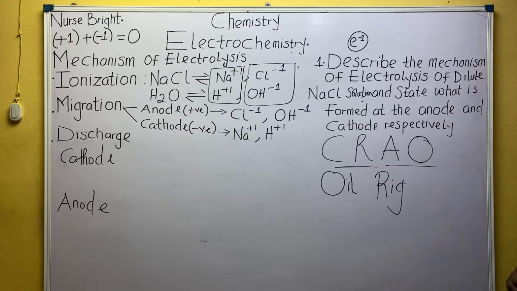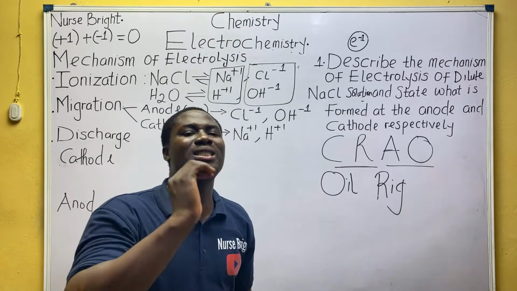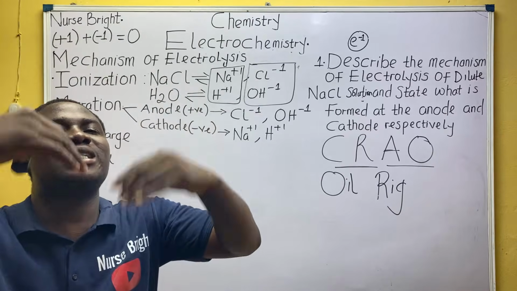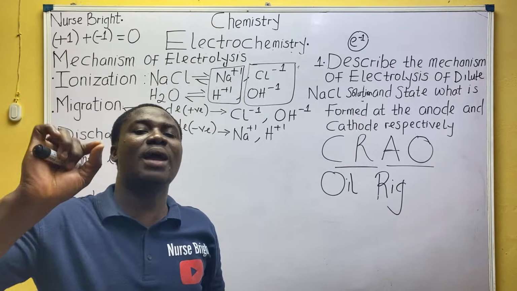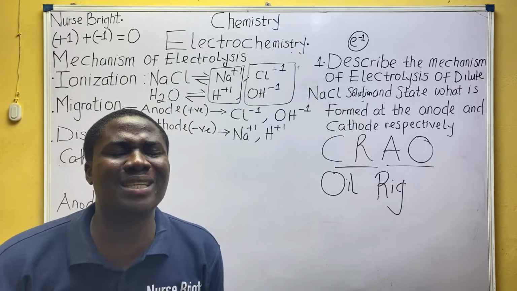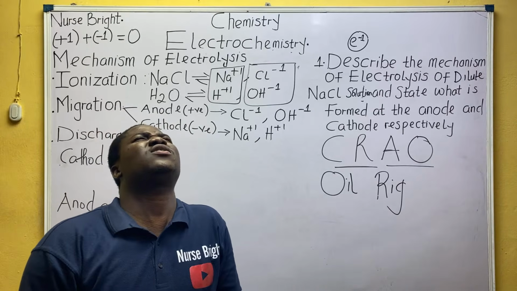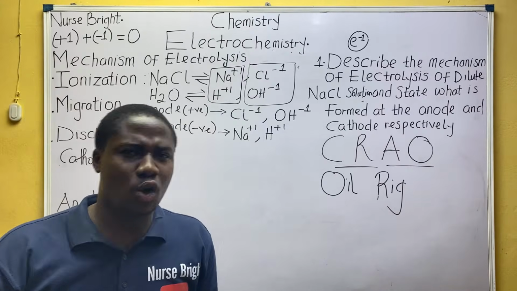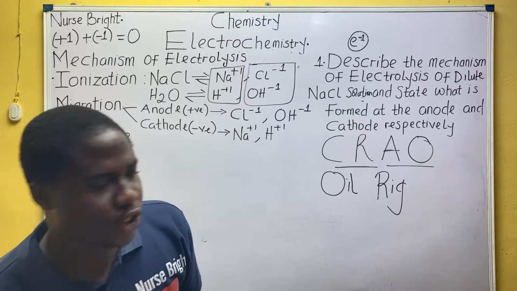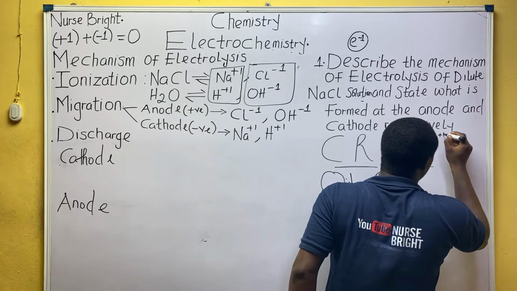Guys, I beg you, listen and listen well. We have two sets of electrochemical series: the electrochemical series for metals and the electrochemical series for non-metals. In summary, we have the series for elements that are positively charged, which are metals, and the series for elements that are negatively charged, which are non-metals. Pay attention. The first one is potassium, K+.